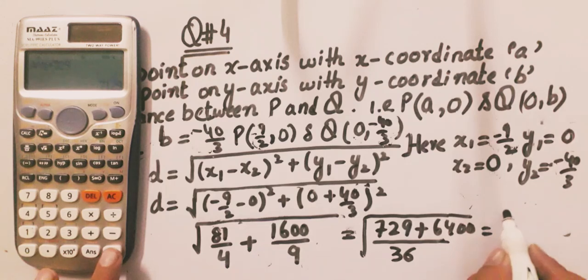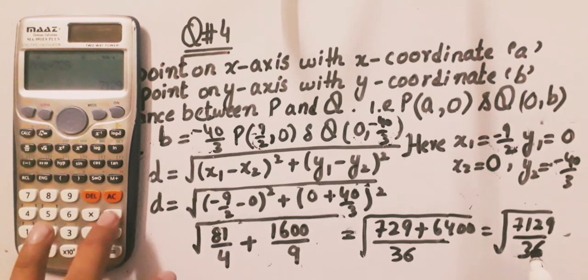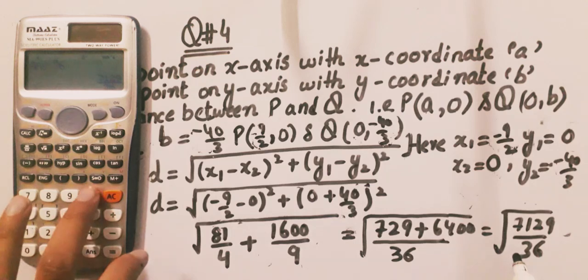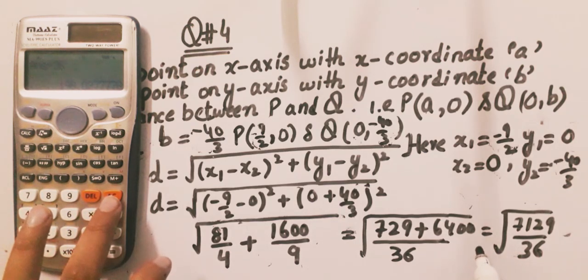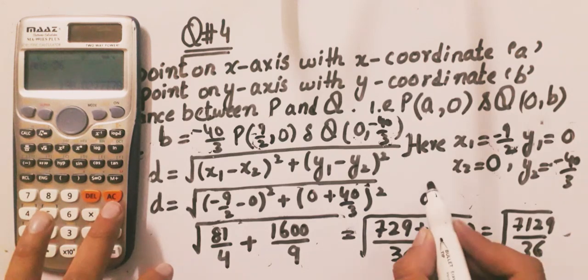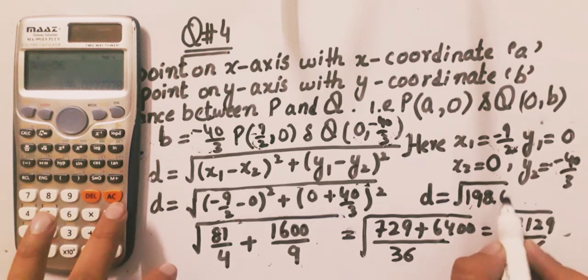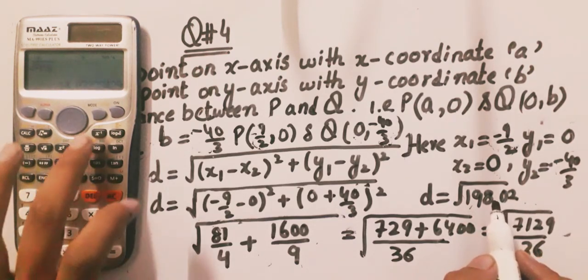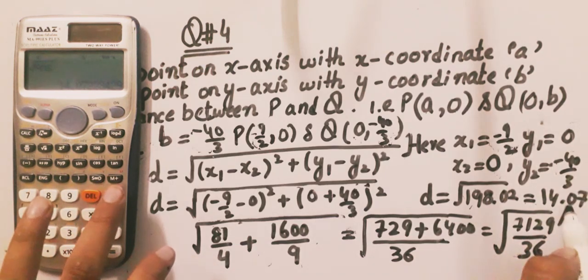So it will become square root of 7129 by 36. So divide this by 36, you will get square root of 198.02. So D is equal to square root of 198.02 and by taking square root, the answer is 14.07. So this is the answer of this question.